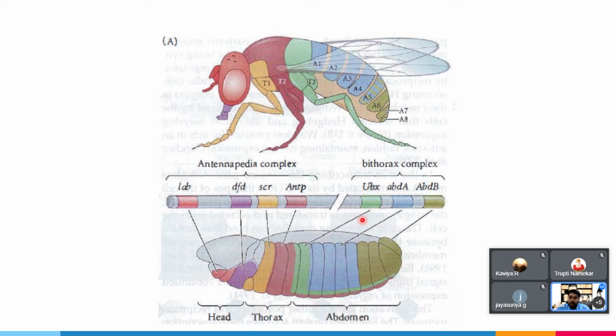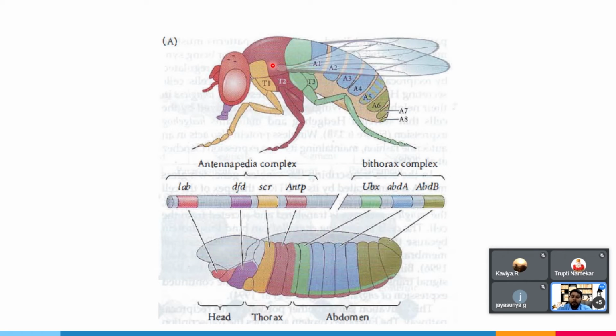And thus, the only way we can establish a four-winged fly is that we mutate ultrabithorax in T3. And once ultrabithorax is removed, since antennapedia is being expressed there, it will take over T3's usual thoracic segment characteristics and change it to T2.